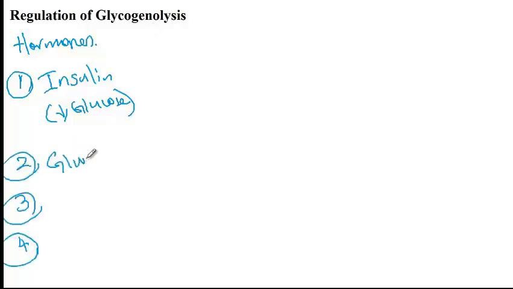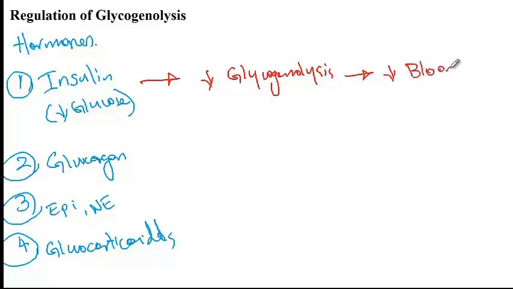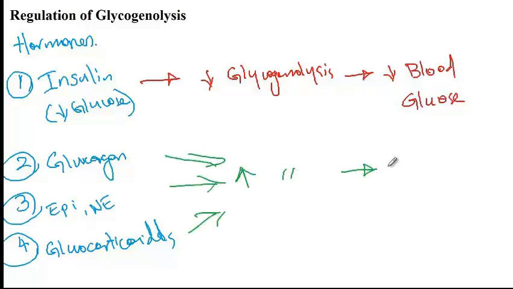And then glucagon, epinephrine, norepinephrine, and glucocorticoids. So here insulin decreases glycogenolysis, and therefore it decreases blood glucose, while all these others increase glycogenolysis, as a consequence of which there would be increased blood glucose.